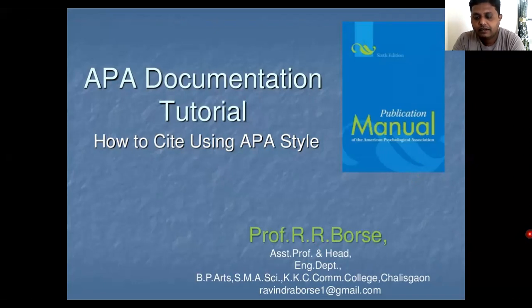As you know that there are different citation styles available, like MLA, like APA, like Chicago style, right? But in most of the cases in the world, MLA and APA, these two citation styles are used on a large scale, right?